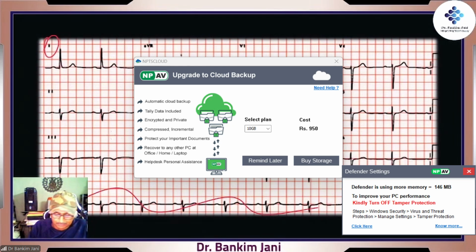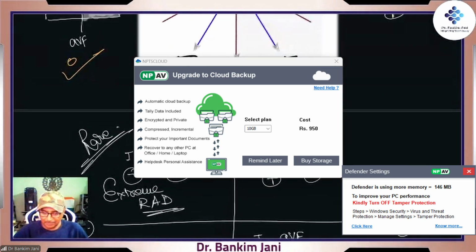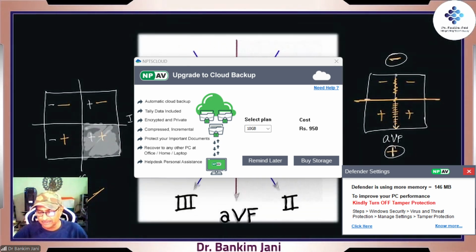So this is AVF. What you have to watch for is isoelectricity. Lead 1 is never negative. Where lead 1 is negative?